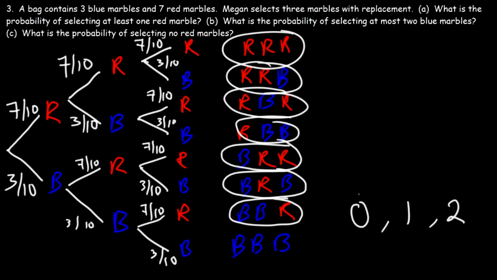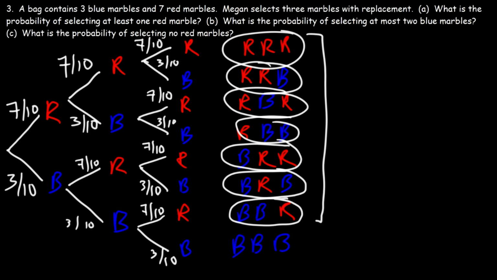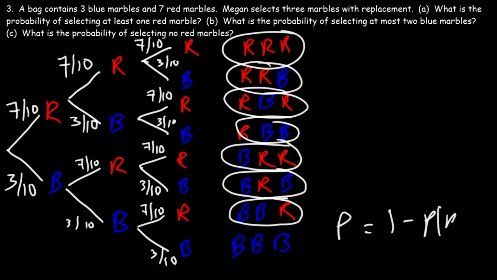So once again, we're looking for the probability of getting these 7 outcomes, which is equal to 1 minus the probability of getting 3 blues. So the answer for part B is the same as that for part A. It's going to be a 97.3% chance. The probability of selecting at least one red marble is the same as the probability of selecting at most 2 blue marbles. In both cases, this outcome is eliminated.